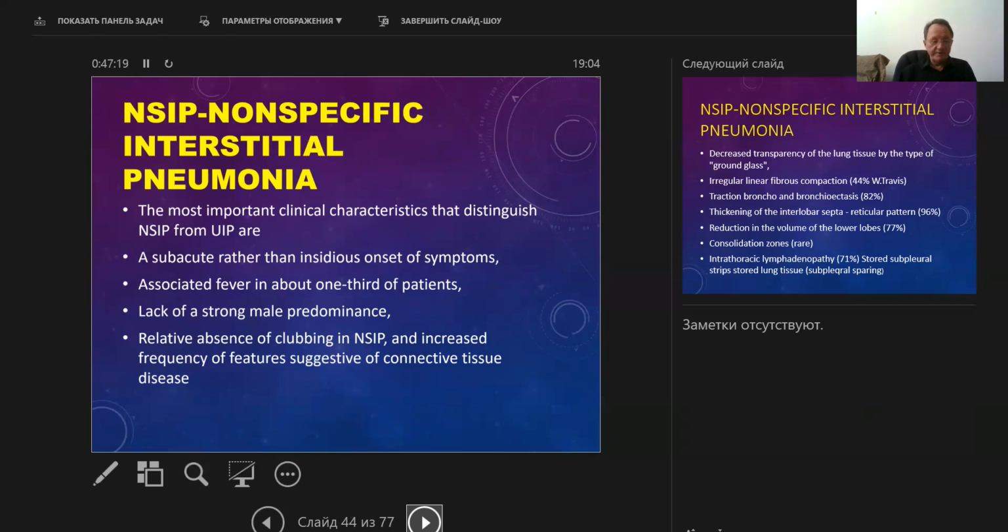Increased frequency of features suggestive of connective tissue disease. By the way, if we detect features suggestive of connective tissue disease, it's not primary, not idiopathic non-specific interstitial pneumonia; it's secondary due to connective tissue disease, for example, systemic scleroderma.